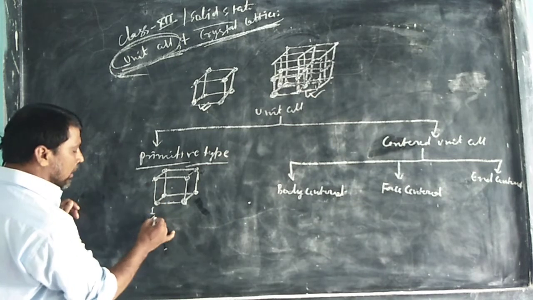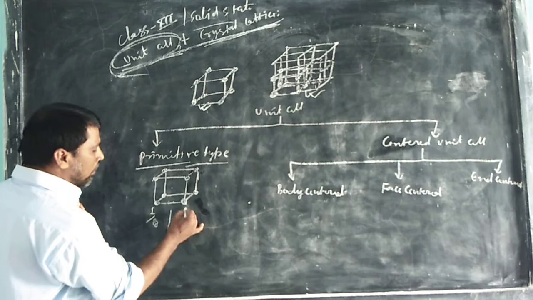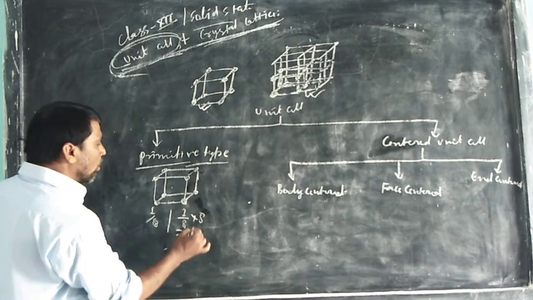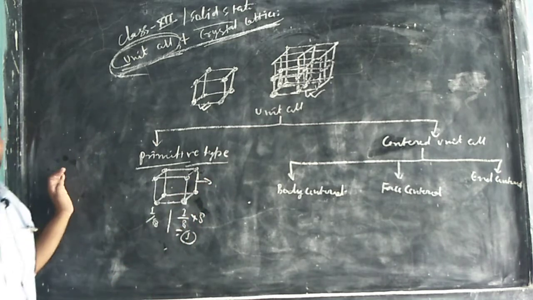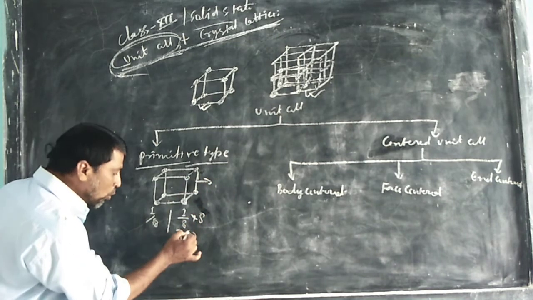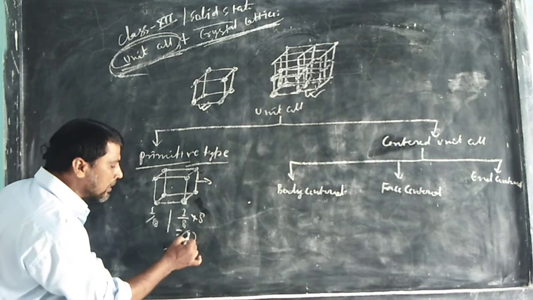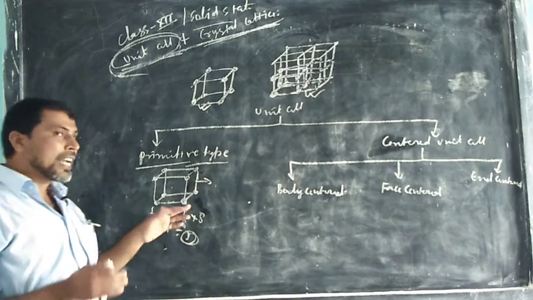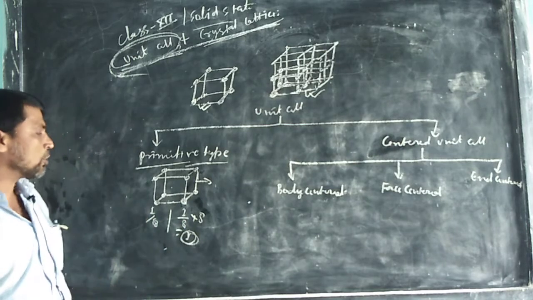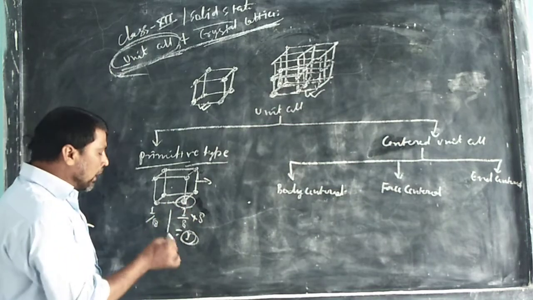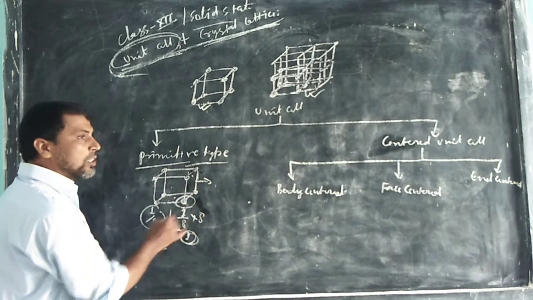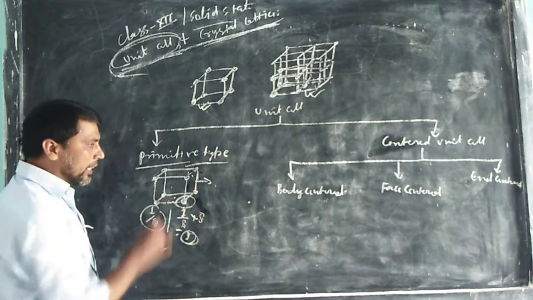So, total contribution will become 1 by 8 into 8, that is 1. Although it looks like there are 8 constituent particles, total contribution is only 1, because each particle located at a corner contributes only 1 by 8, and there are 8 particles.